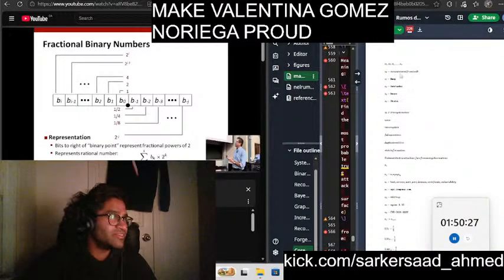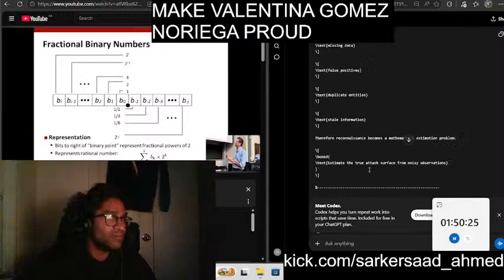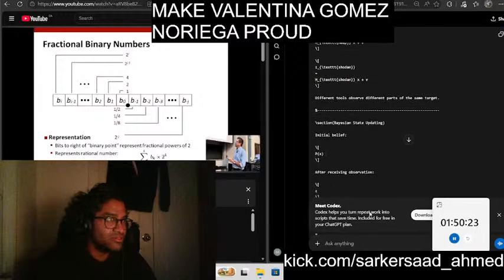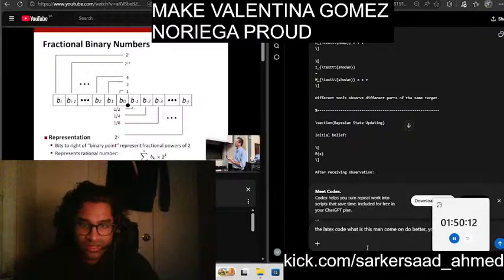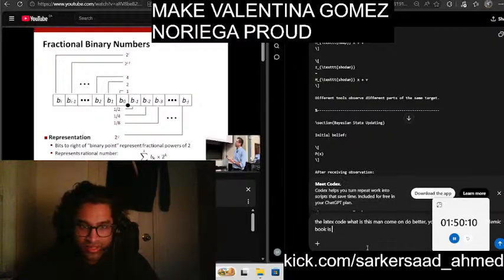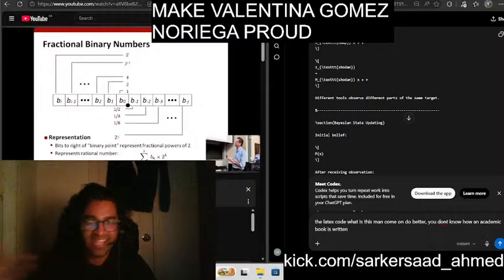Okay, what is this? Come on, man. This is not good. The LaTeX code, what is this? Do better. You don't know how an academic book is written. I have to take screenshots again and again.